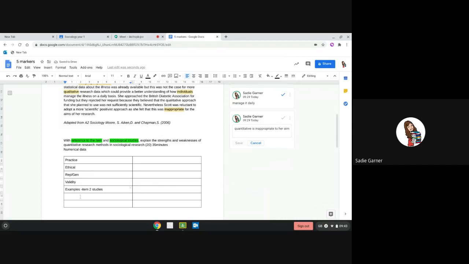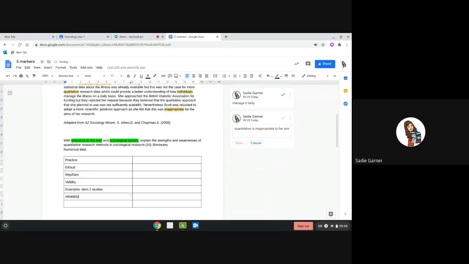You won't get to that point, but if you ever see a 20 marker that you are absolutely horrified by and you're really struggling, first of all, you're going to take a deep breath, and then you're going to plan it using perverts. But if you use 2 studies and reference the item links to the question, it will pull up your AO2 quite dramatically. So if ever in doubt, always the item and 2 studies.